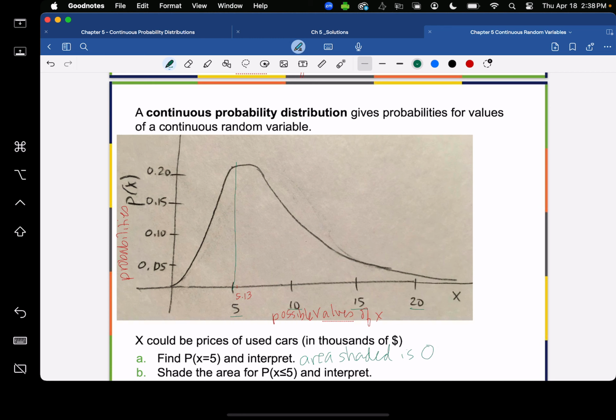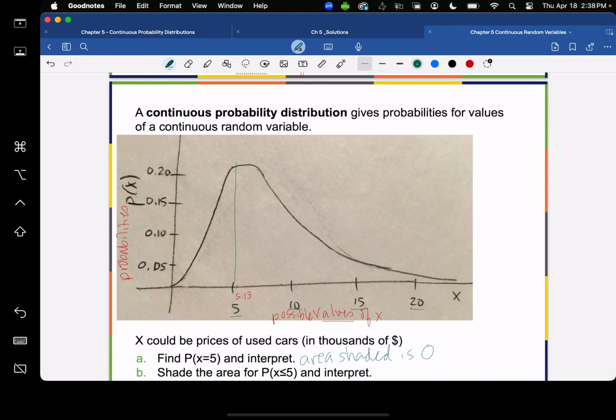This is totally different than discrete probability distributions, where we would go up and then we would just read where we are on the graph. It's pretty unlikely that you go out and buy a car and it costs exactly $5,000. It might cost $5,200 or $203 or something like that. So that single probability is 0.